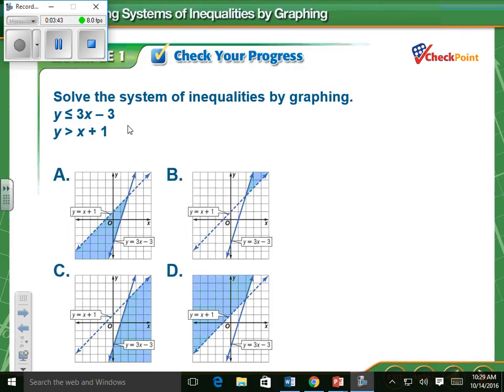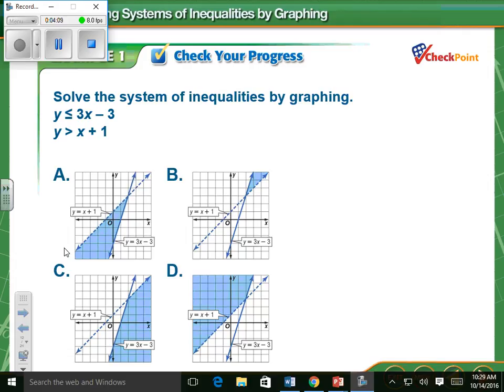Okay, so let's go over what you should have had as an answer. All four of the answer choices have lines that are the same, so the borders for the shaded regions are not going to be the issue. 3x minus 3 is this one. x plus 1 is that one. And they all have the correct one dotted.